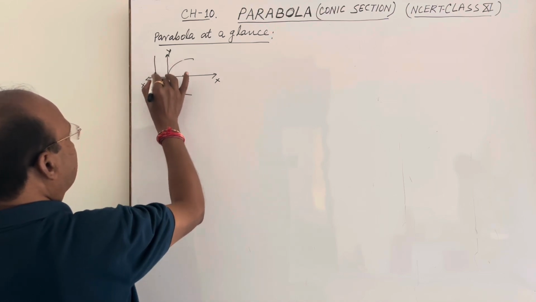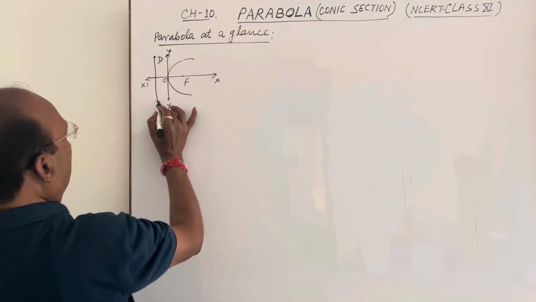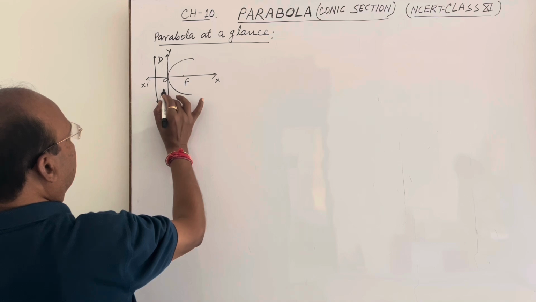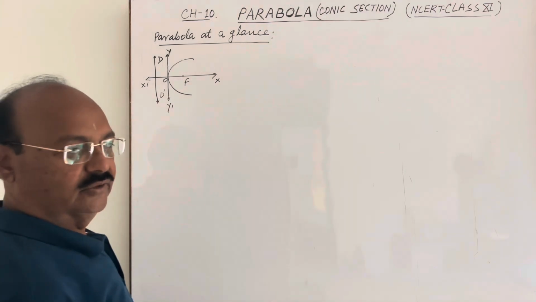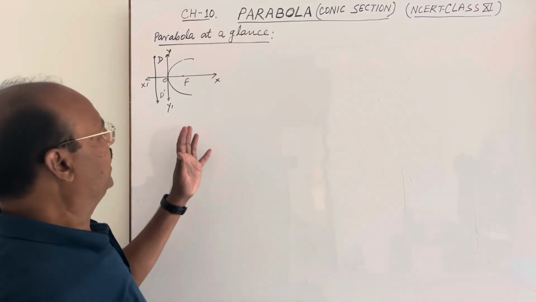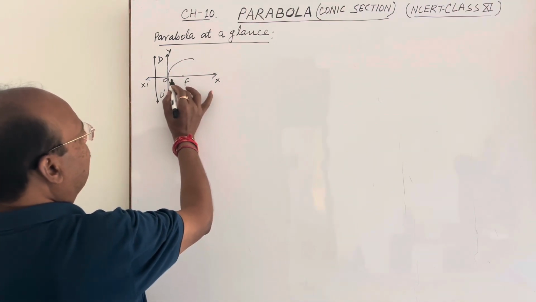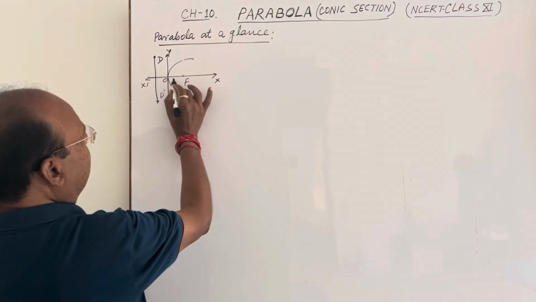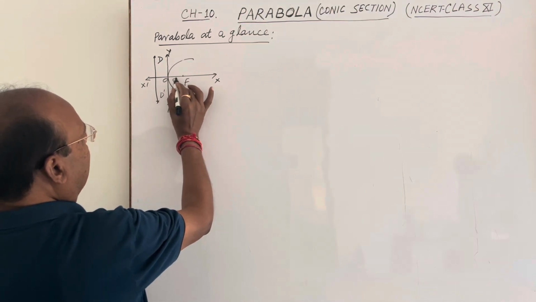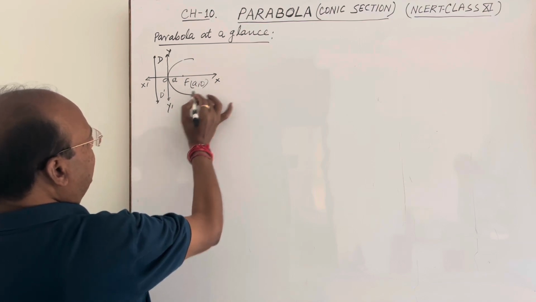And this line is directrix. We can denote it by DD dashed. In the previous video, we have already discussed the coordinates of focus. Here this distance we are taking is A. So the coordinates of focus are A, 0.